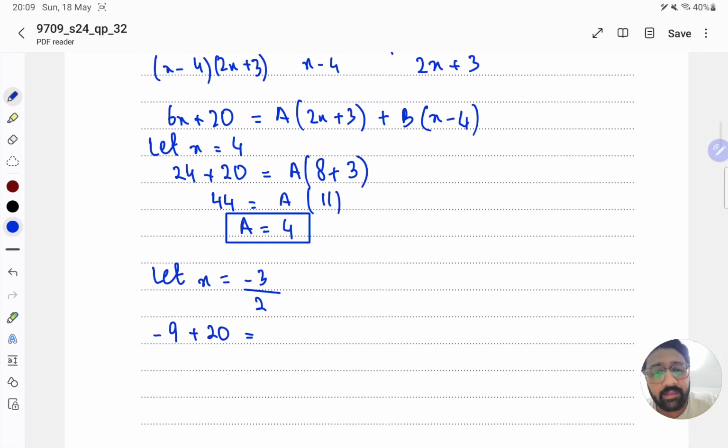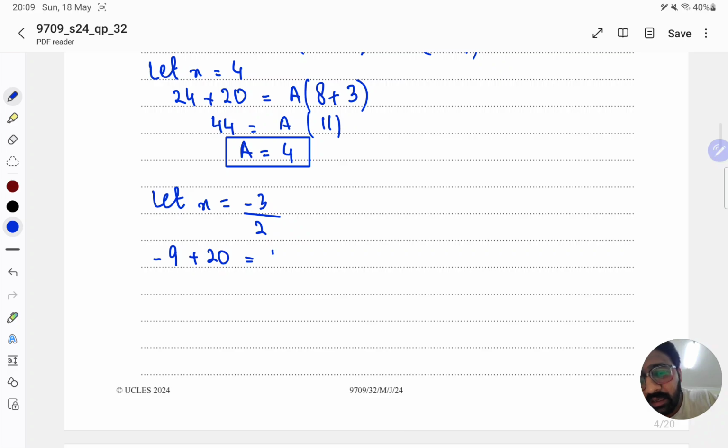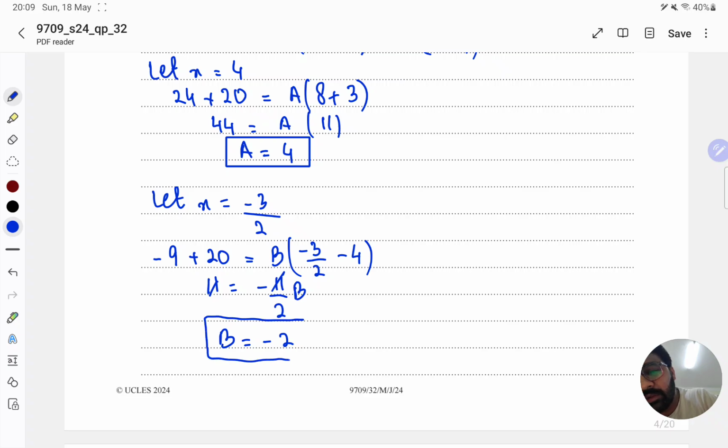A will become 0, and for b it will be b bracket minus 3 by 2 minus 4. So minus 3 by 2 minus 4 will be minus 11 by 2. So it will be 11 equals minus 11 by 2 b. So the value of b will be minus 2.